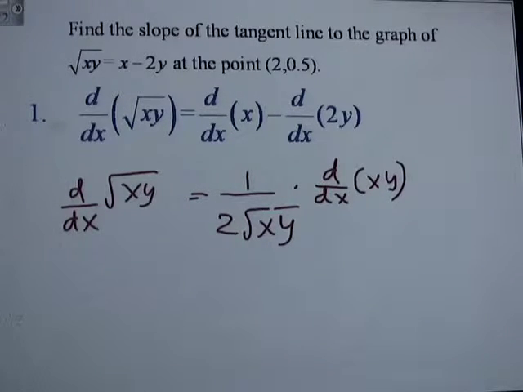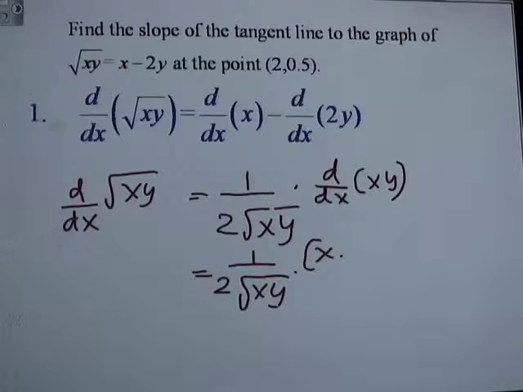Okay, and that will be, let's try one more time, 1 over 2 square root xy times the derivative of xy. x times y will be the first function times the derivative of the second function.